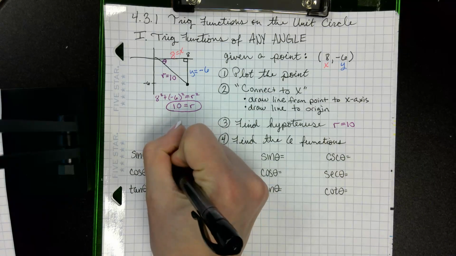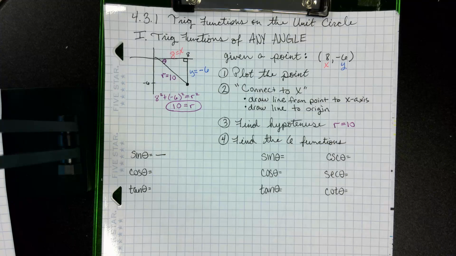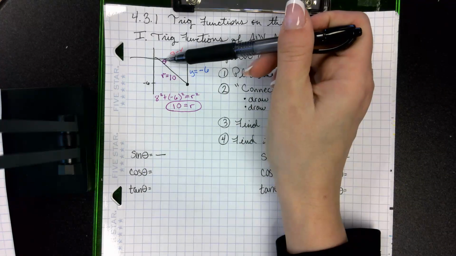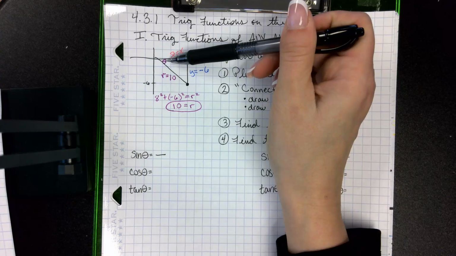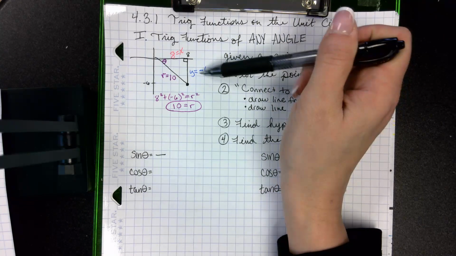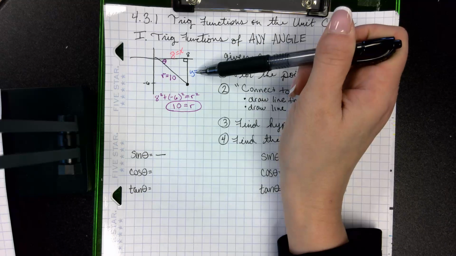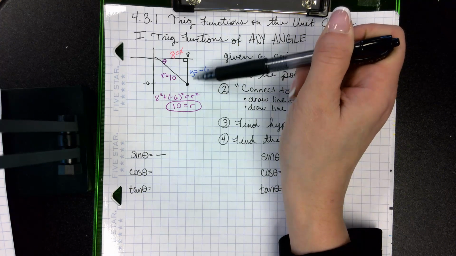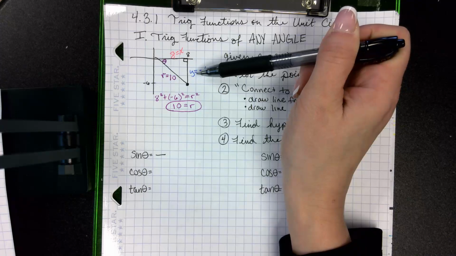So we've been calling sine opposite over hypotenuse, and it is the same as what we have here, because if theta is between the x-axis and the origin, then the opposite side will always represent this vertical distance, which is a y distance.